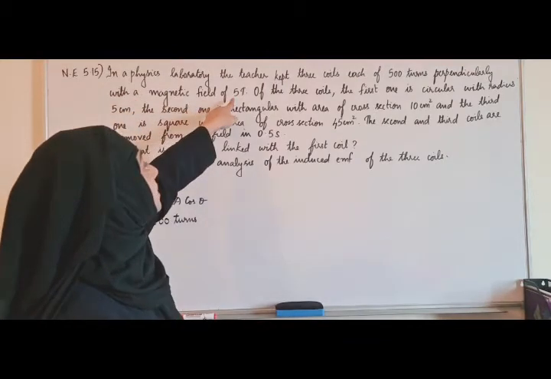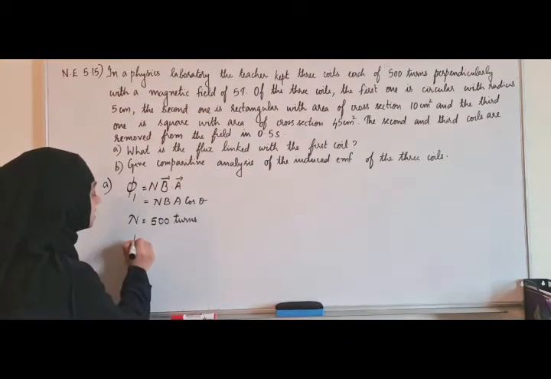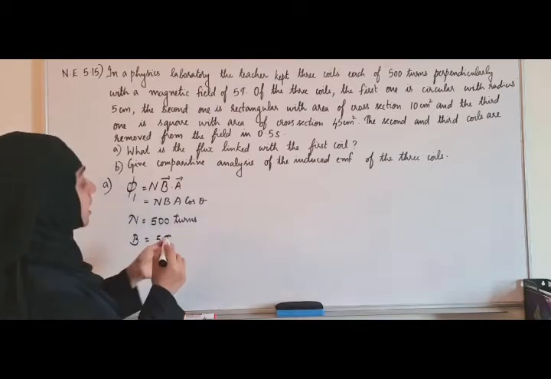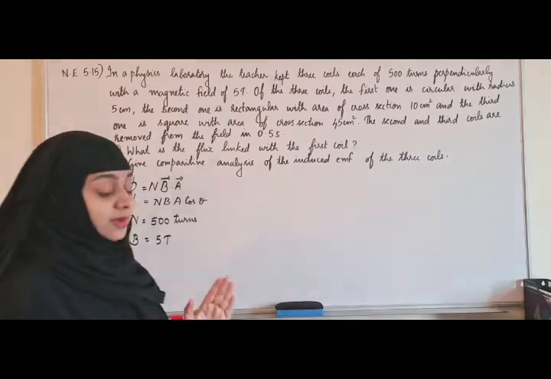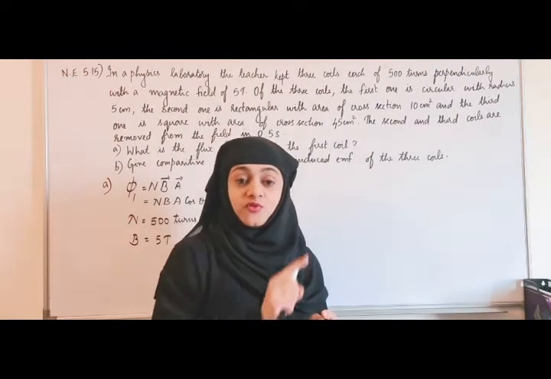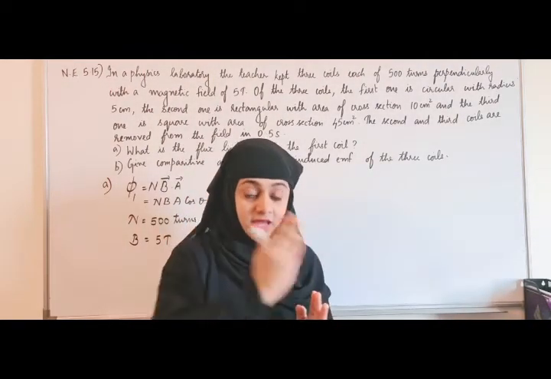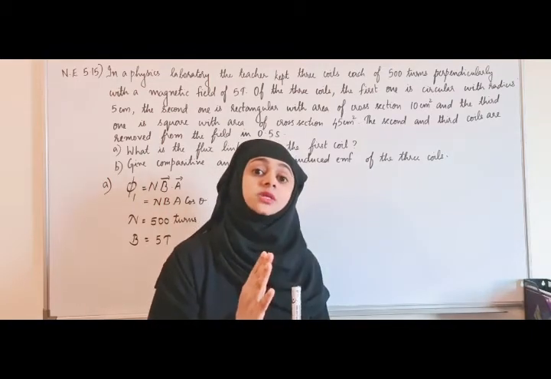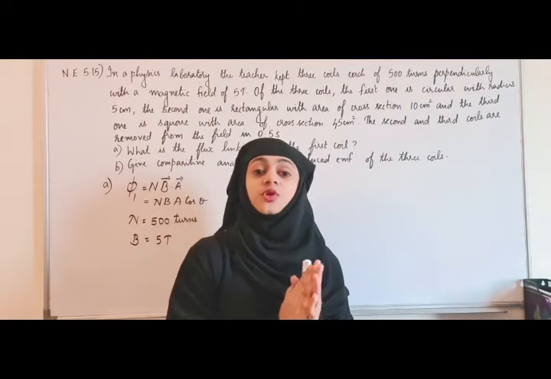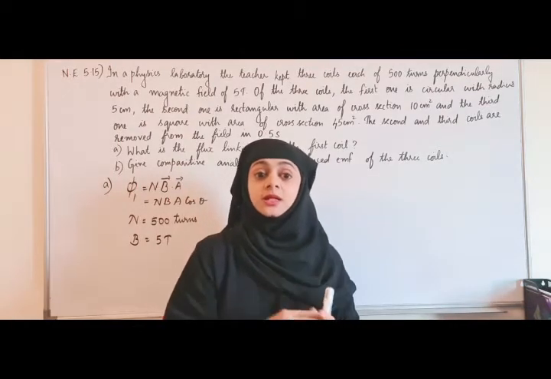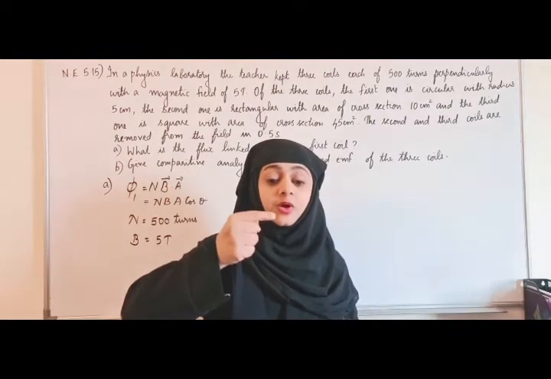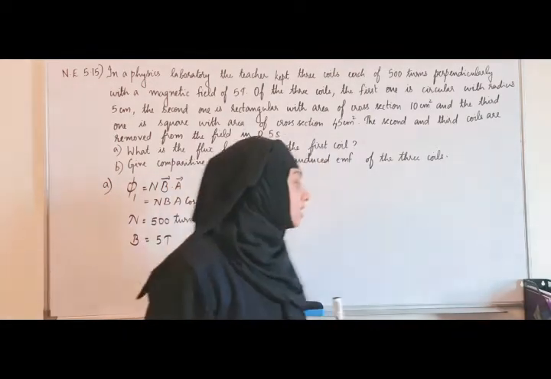One is that the magnetic field B is equal to 5 Tesla. Then, perpendicular with the magnetic field: we know that the plane of the coil has an area whose magnitude is equal to the surface area or area of cross section, and the direction of the area vector is always taken perpendicular to it.